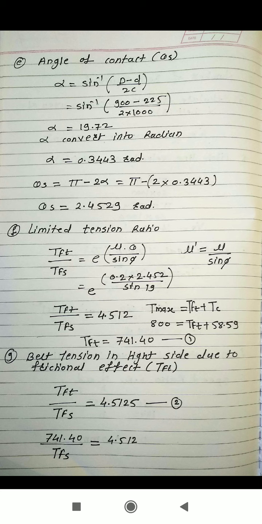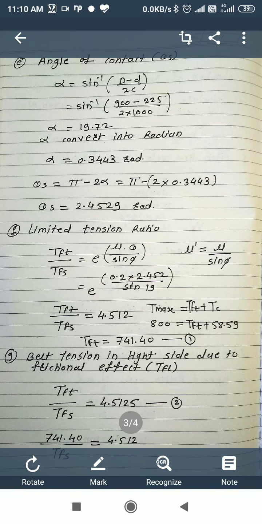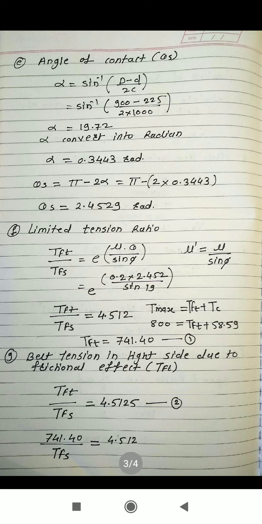Then put all the values and calculate the tight side tension upon slack side tension, the ratio is 4.512. But in our numerical, the maximum tension is given and the centrifugal tension is already calculated, so put all the values in the equation and calculate the value of tight tension, equal to 741.40. Take this as equation number 1.